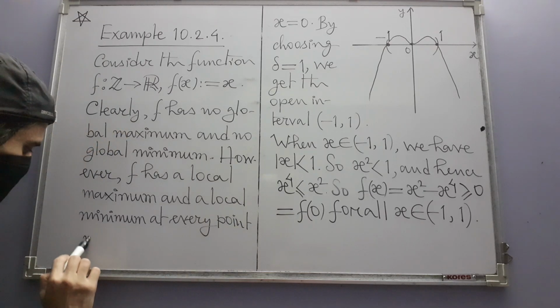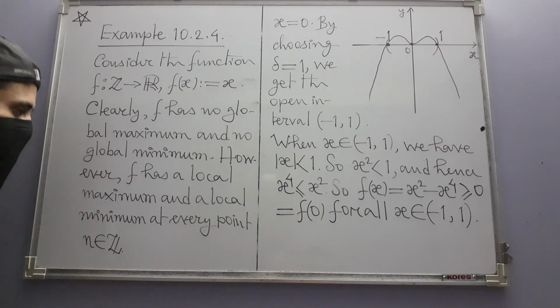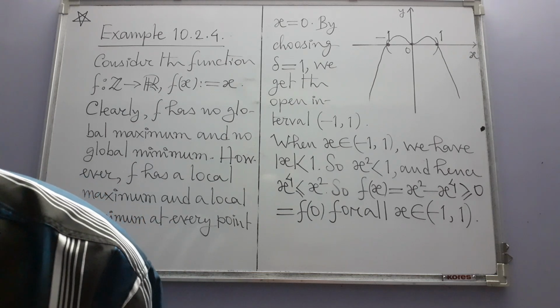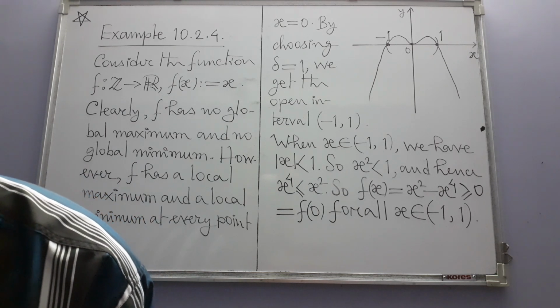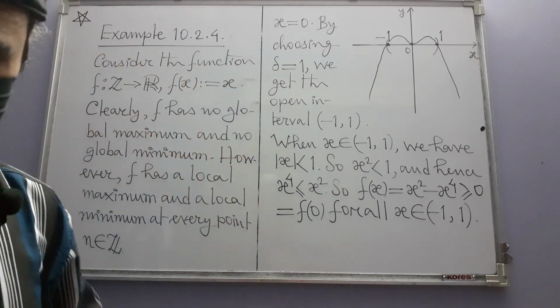That means every integer. How is that possible? It sounds extremely strange. However, it is possible due to the discrete nature of the domain Z.